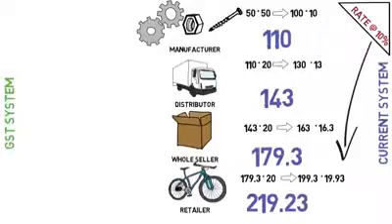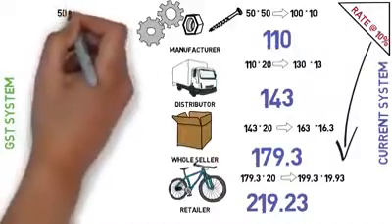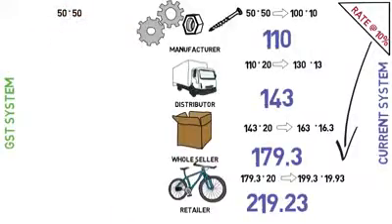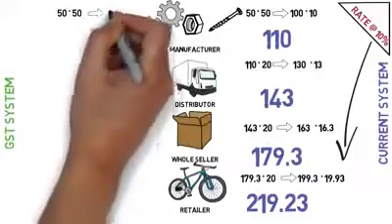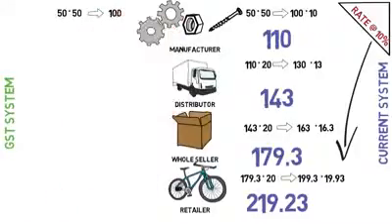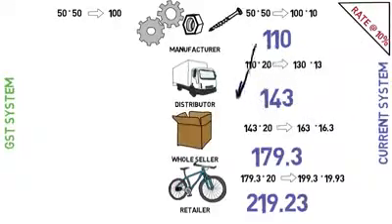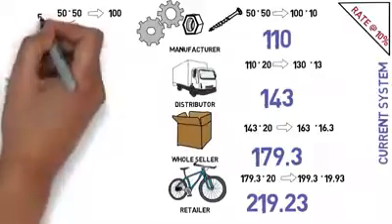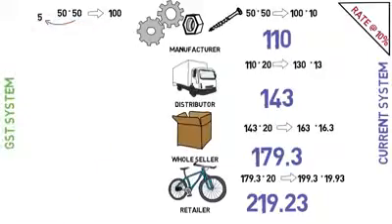Now we will take the same example in the GST system. Raw material of 50 rupees and the manufacturing value of 50 rupees make the product of 100 rupees. But this time the manufacturer has to pay tax only on the value added by him, which is 50 rupees. So he pays 10% of 50, which is 5, as tax from his profit.